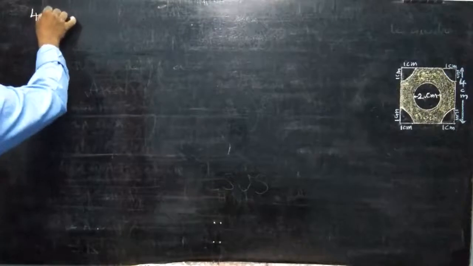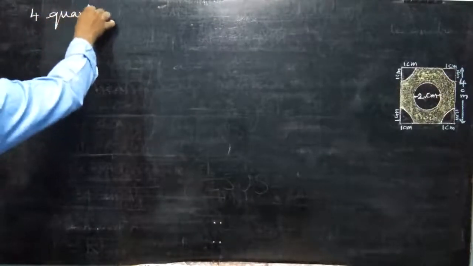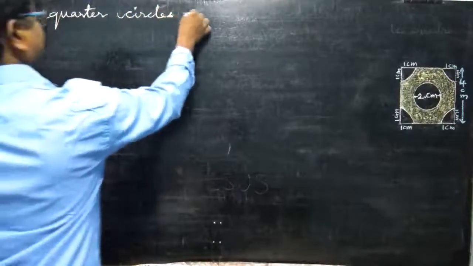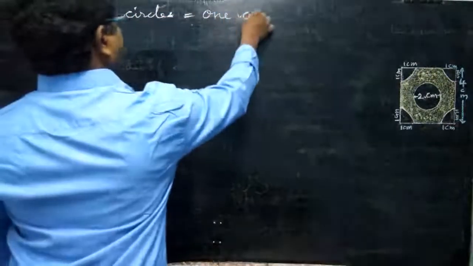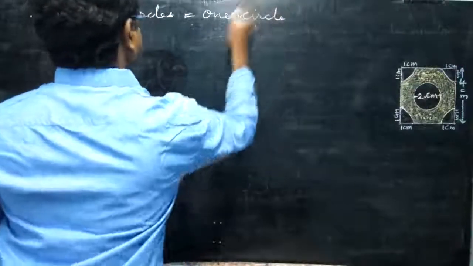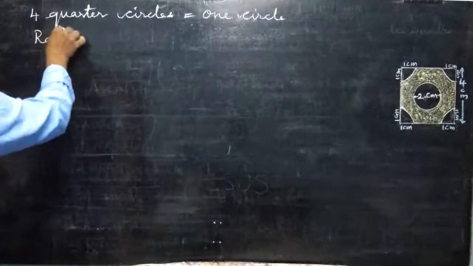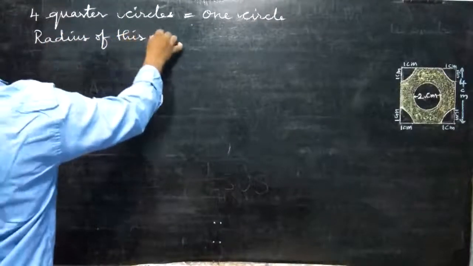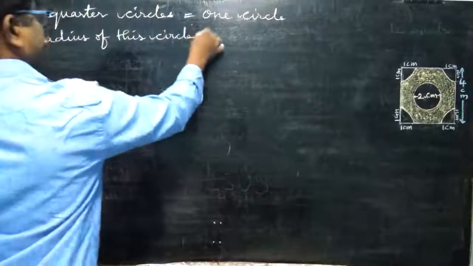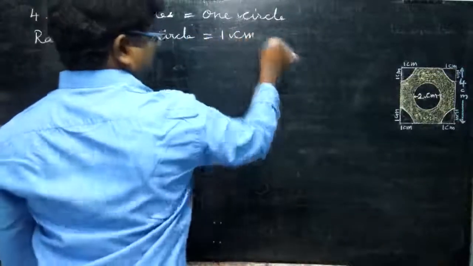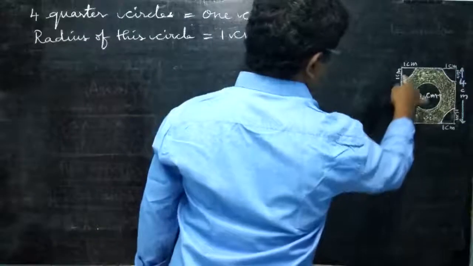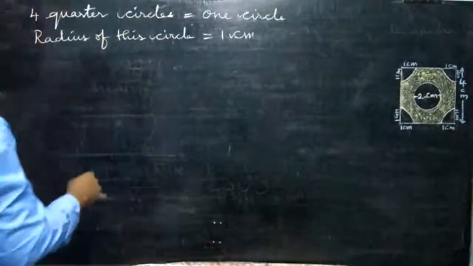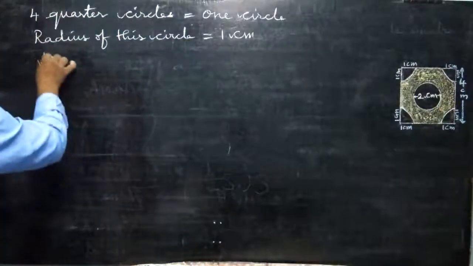The radius of this circle is 1 centimeter, because see, the radius is 1 centimeter. Four quarter circles make one circle, and its radius is 1 centimeter.